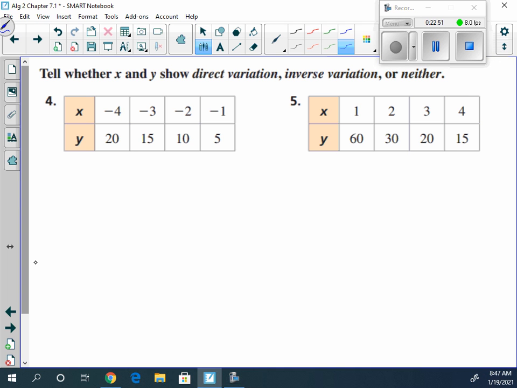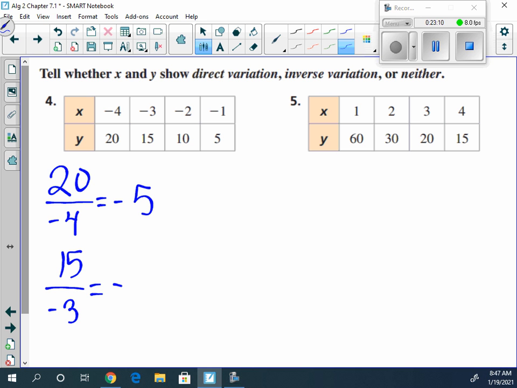All right, let's look at number 4. So I'll start out with just dividing. 20 divided by negative 4 is negative 5. 15 divided by negative 3. Okay, well, we learned from the last one, we can't stop here. 10 divided by negative 2.